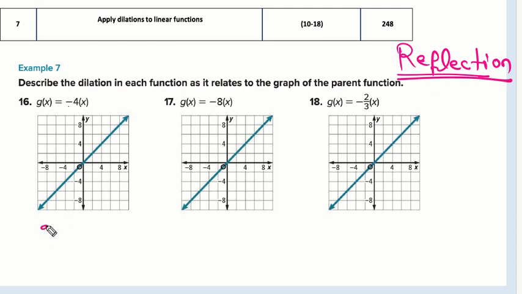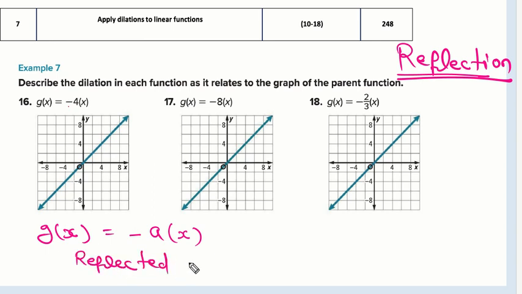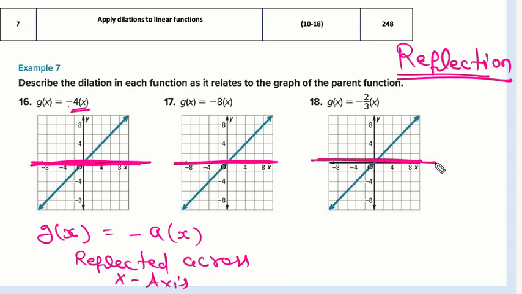If you have g of x is equal to minus ax, this will be reflected across the x axis, and this you need to remember. This one will be reflected across the x axis, and this will also be reflected across the x axis.